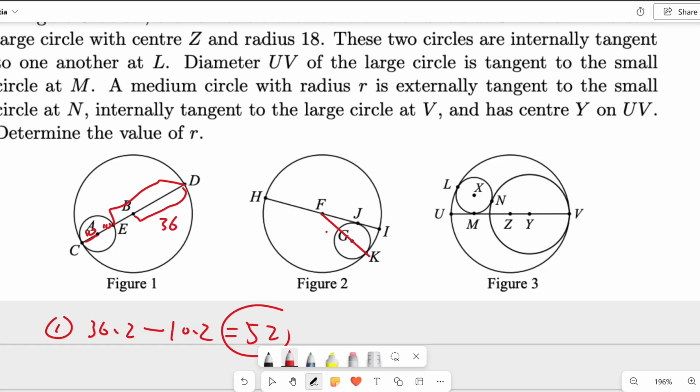And this means HF, the radius, is equal to FK, which is 49.